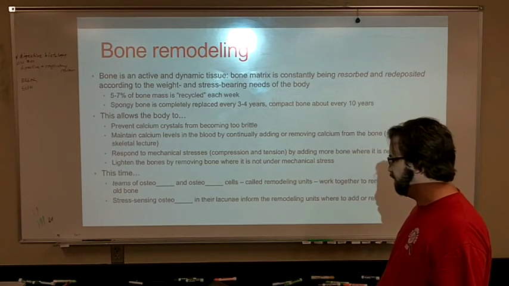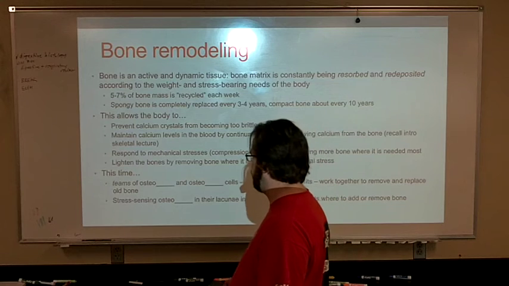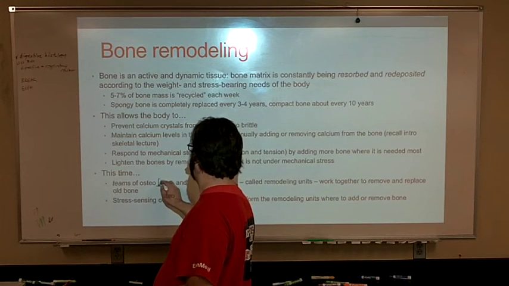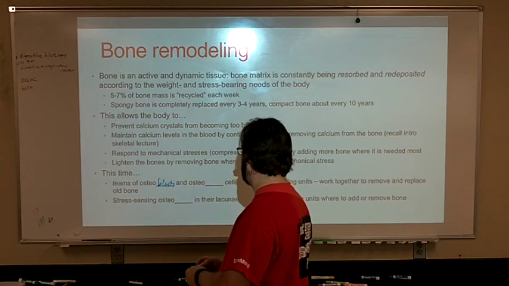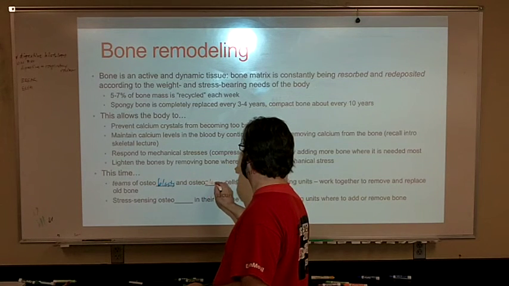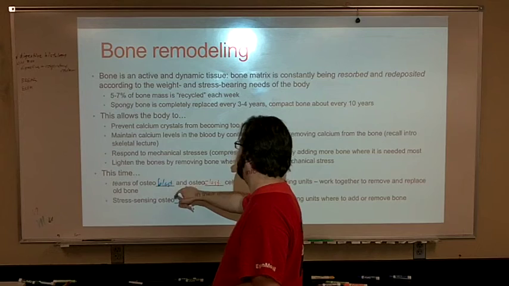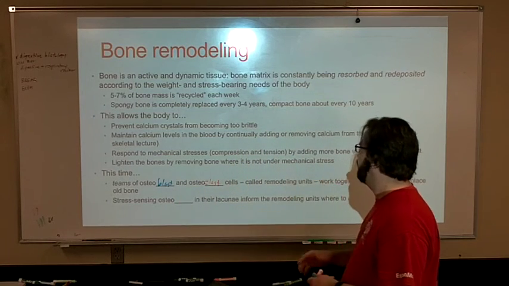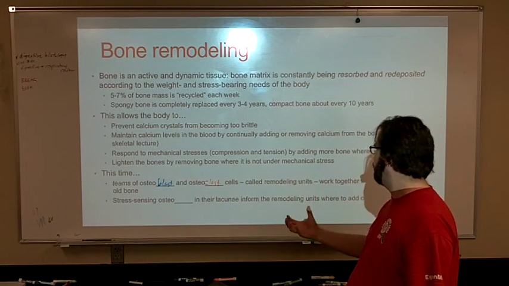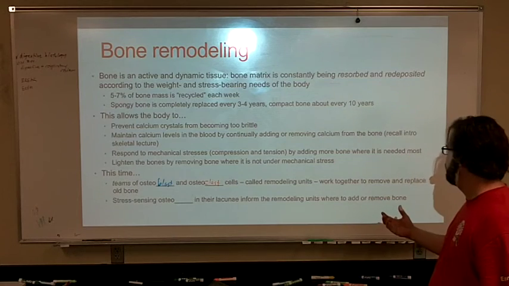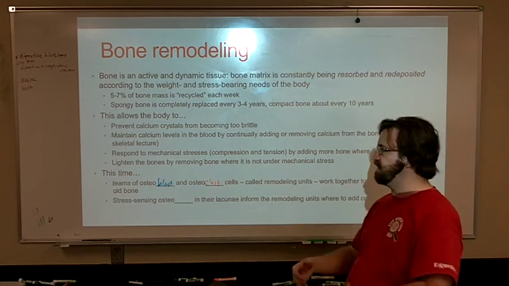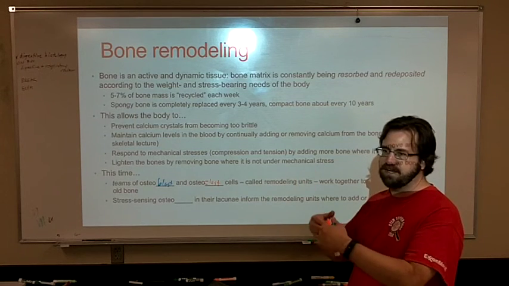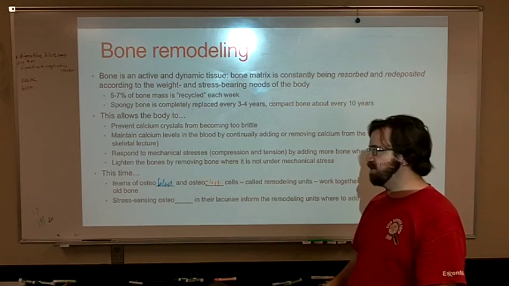This is the one place in the body where the osteoblast cells and osteoclast cells work in remodeling units, and they work together to remove the old bone. The osteoclast goes in front and removes the old bone. The osteoblast comes in behind and puts in fresh new bone.